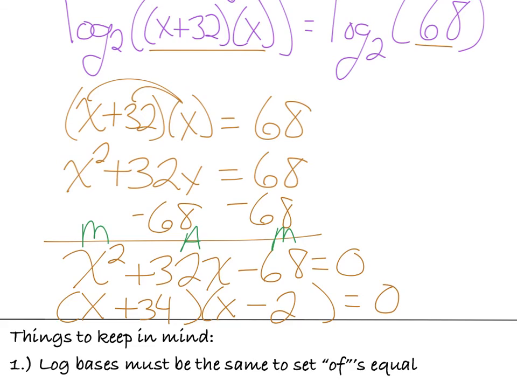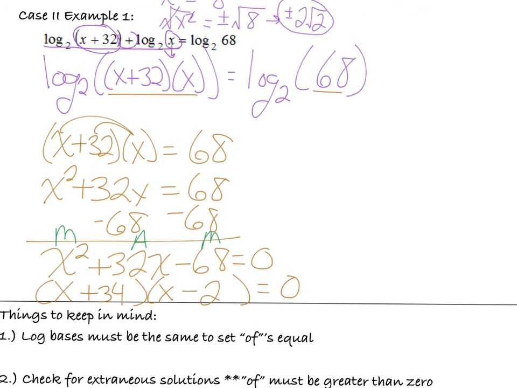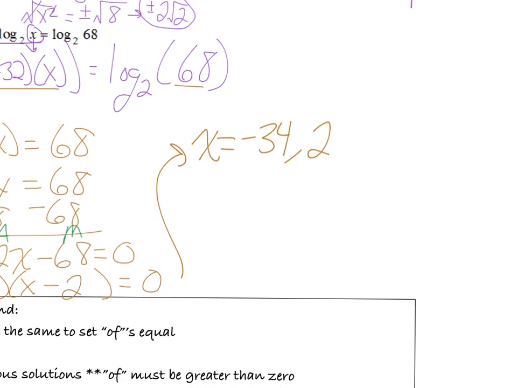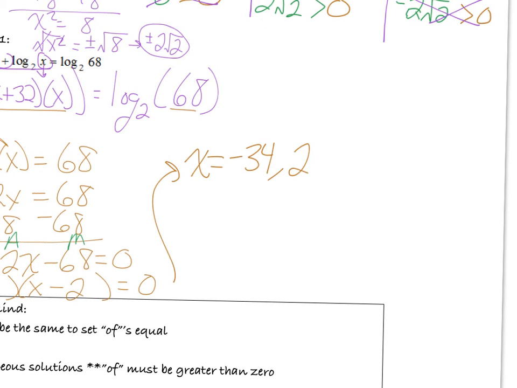And if I set those equal to 0, I'm going to end up finding out that x equals negative 34 and positive 2. And then for the sake of the video, I'm going to pause here to check solutions, but the work for it is just going to appear, okay?